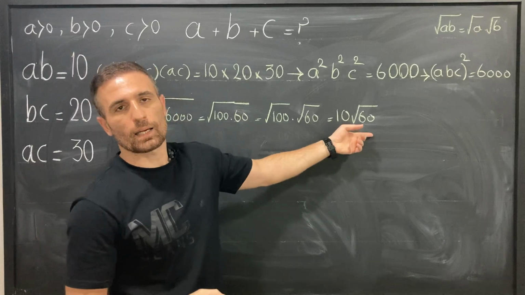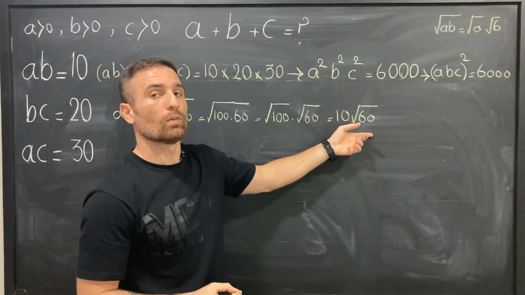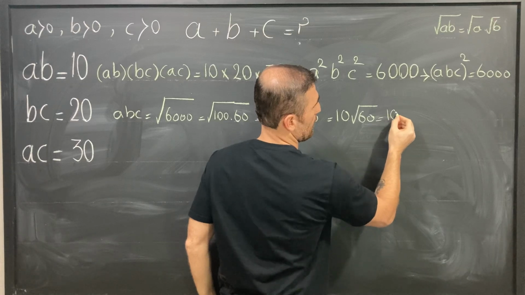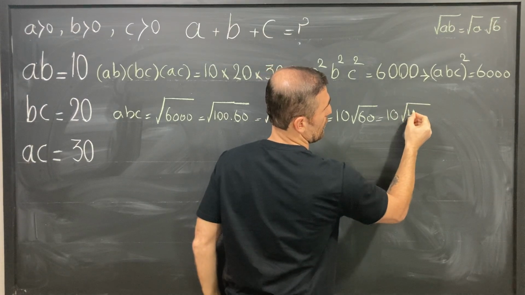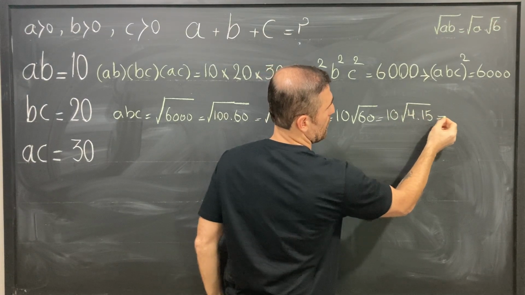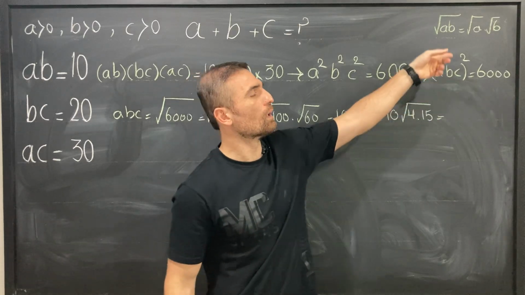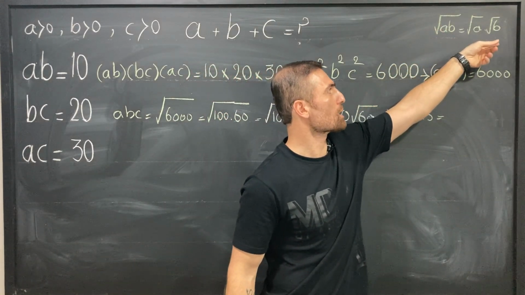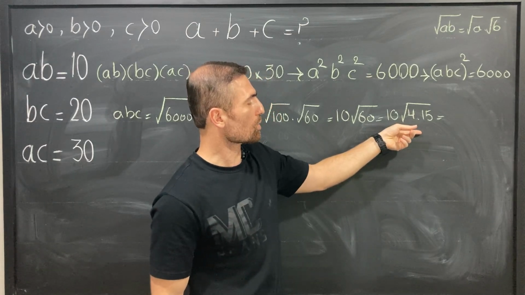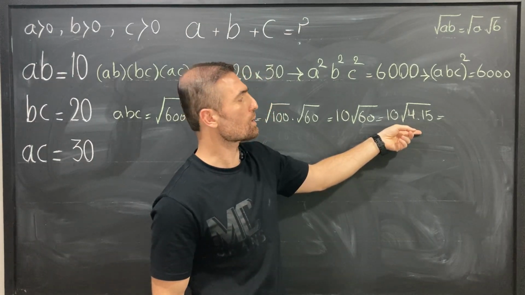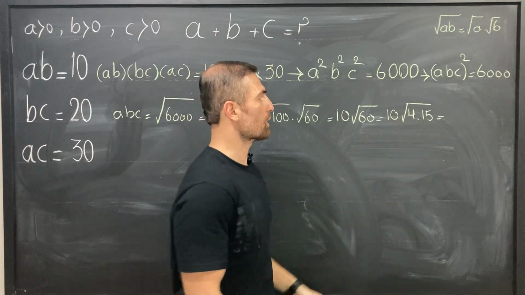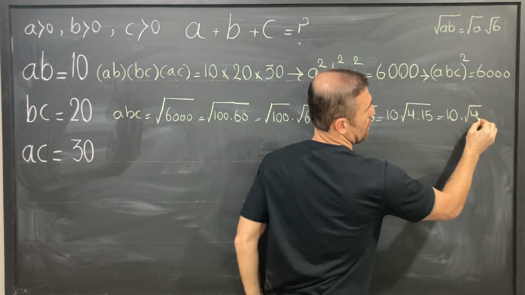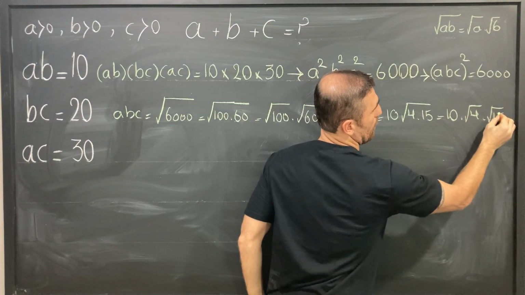Next, 60 can be written as the product of two numbers, 4 and 15. So let's write it. Again, I'm going to follow this rule that says square root of ab is square root of a times square root of b. So square root of 4 times 15 can be written as square root of 4 times square root of 15. 10 times square root of 4 times square root of 15.